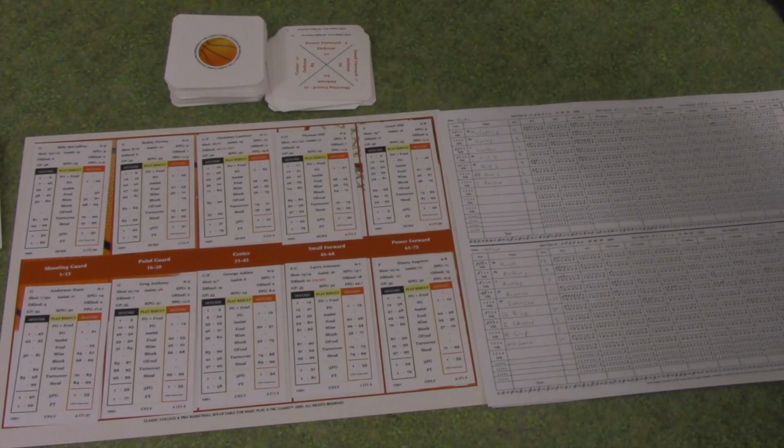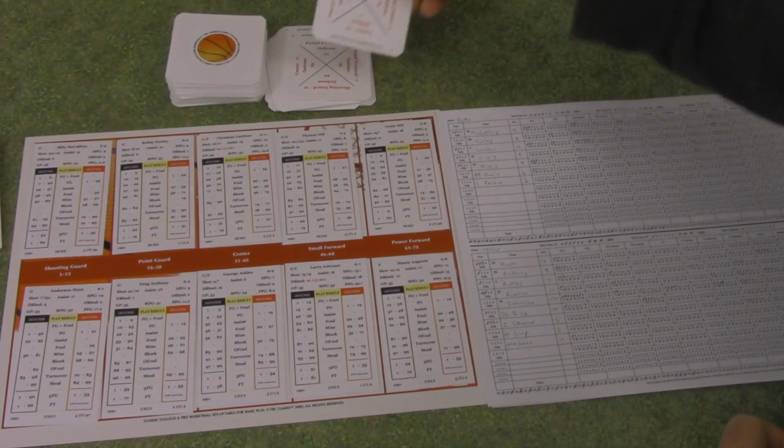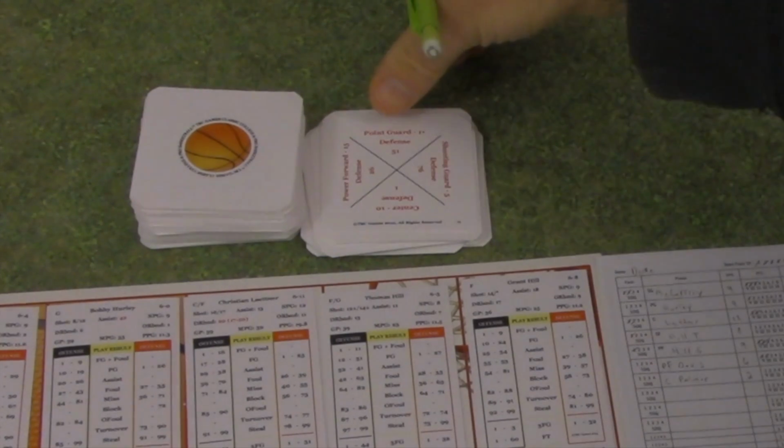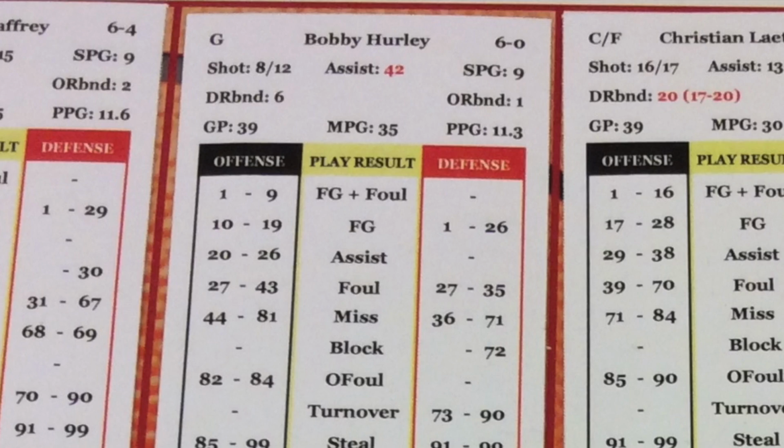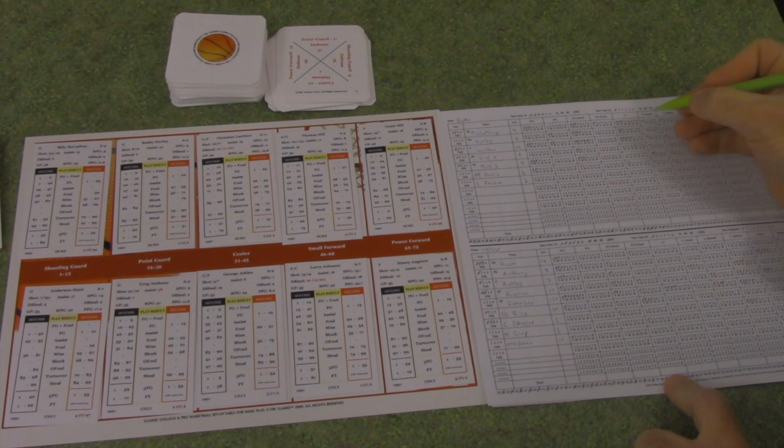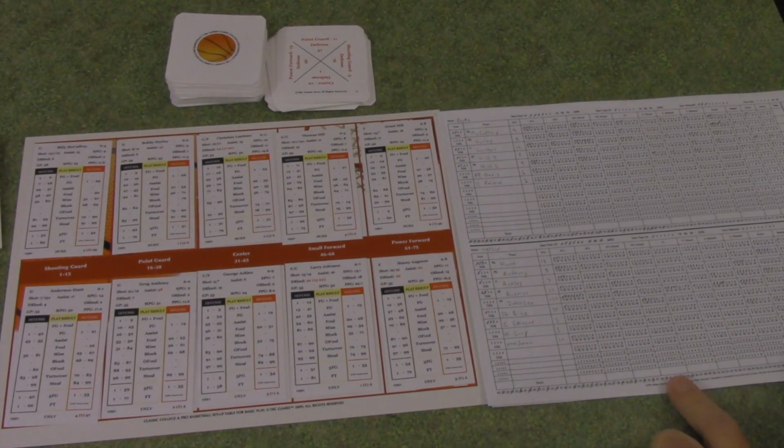And now we'll see if there was an assist. So point guard 1. Let me look at Bobby Hurley, and he has an assist rating of 42. So we'll give him an assist. And then we'll go to UNLV as they inbound the ball and bring it up the court, now trailing 45-49.